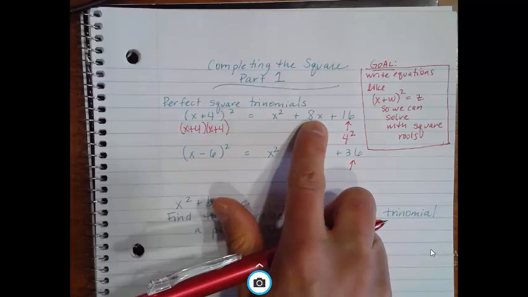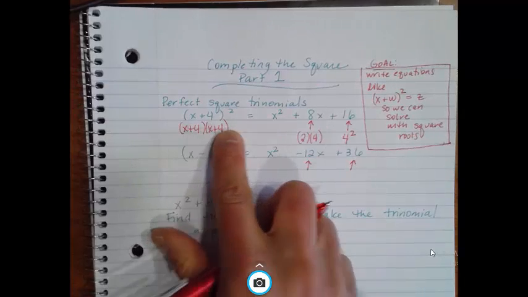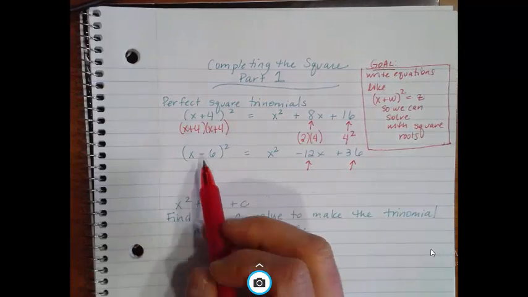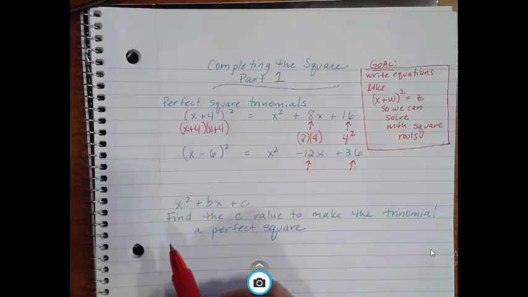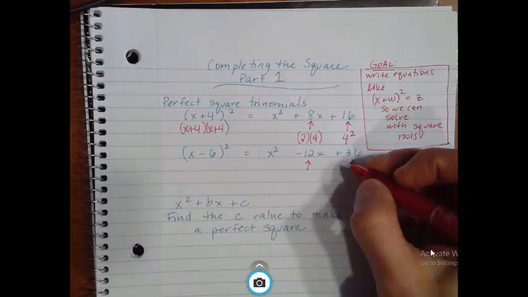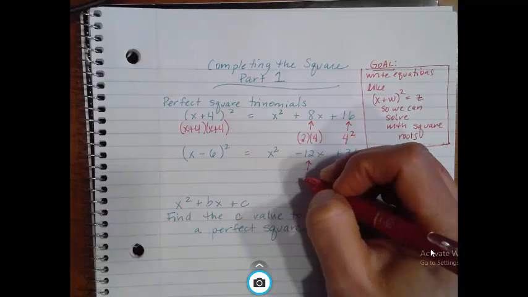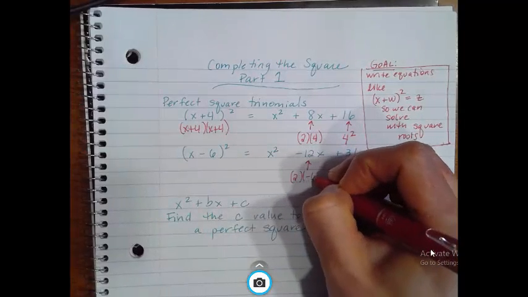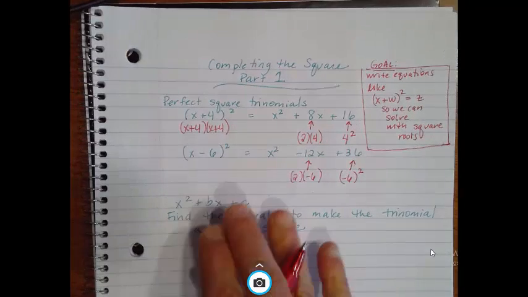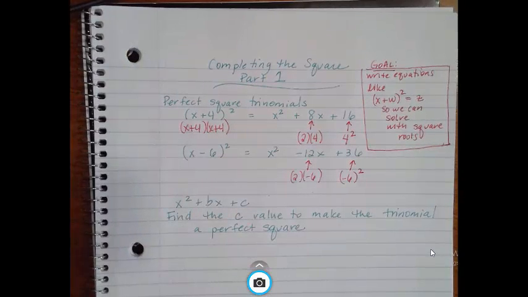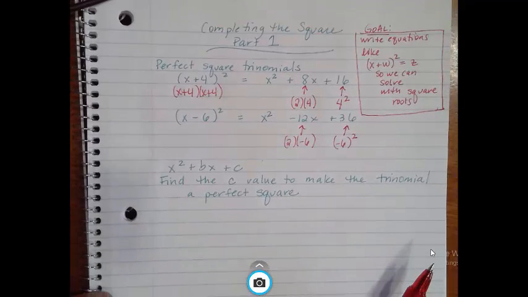That's why we get 8x altogether. Plus 16. Okay, so what if we have a minus? Well, it's similar, except negative 6 times negative 6 gives us a positive 36, and then this, of course, is 2 times negative 6.